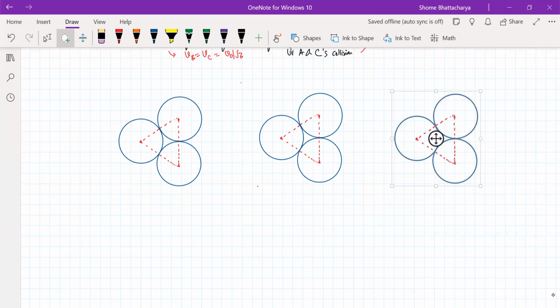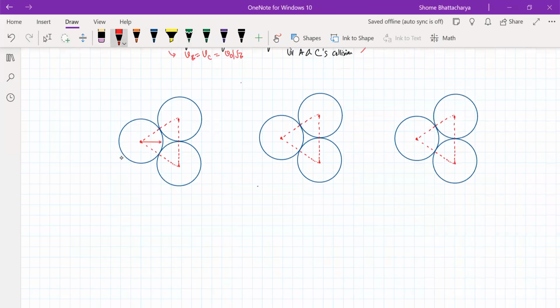Okay, so we'll see that before impact, this one had a velocity of v0 in this direction, and these two were at rest. So this angle is equal to this angle, equal to 30 degrees, because it's an equilateral triangle.